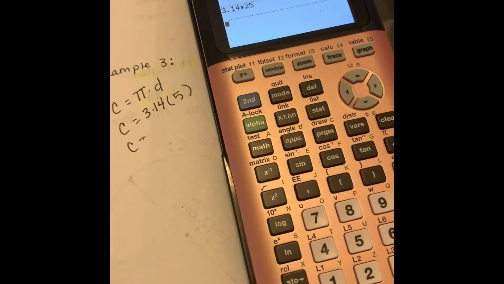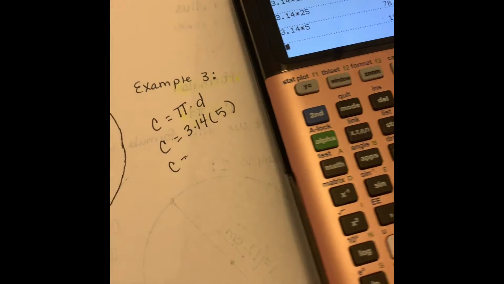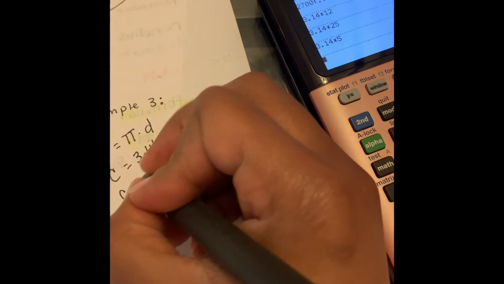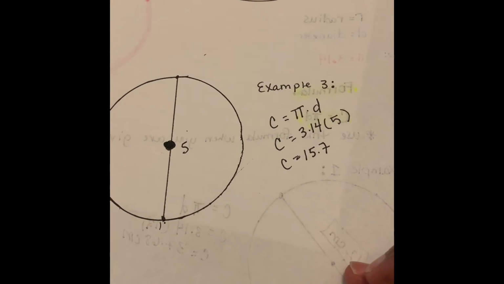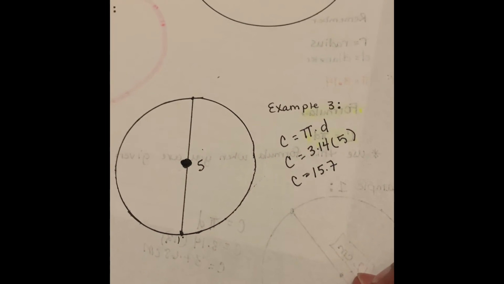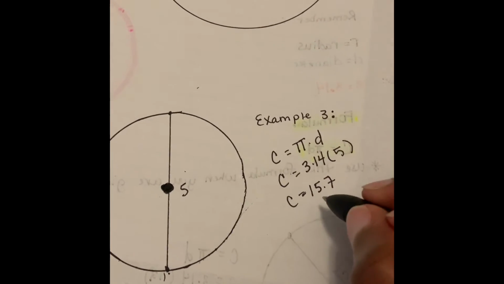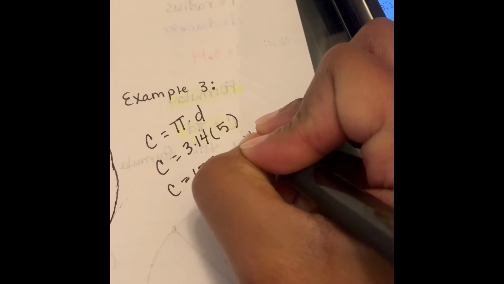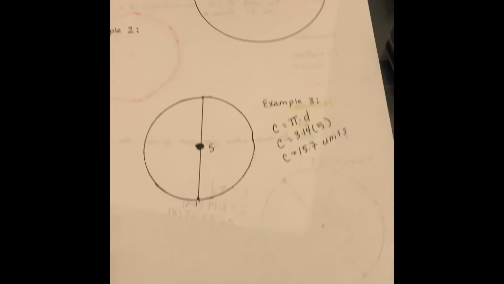If I use my calculator, 3.14 times 5 gives me 15.7. You always have to have units when you're talking about this or any measurement. It doesn't give me units in this problem, so I would say 15.7 units.